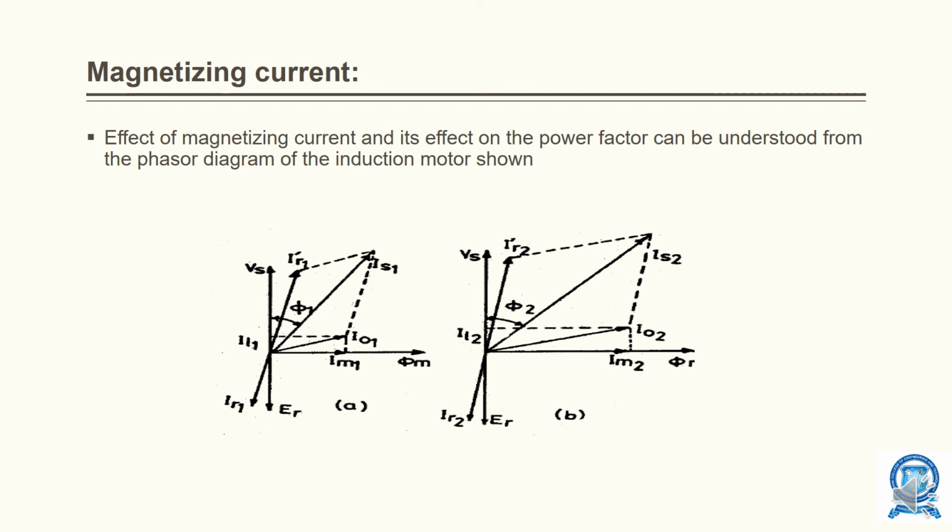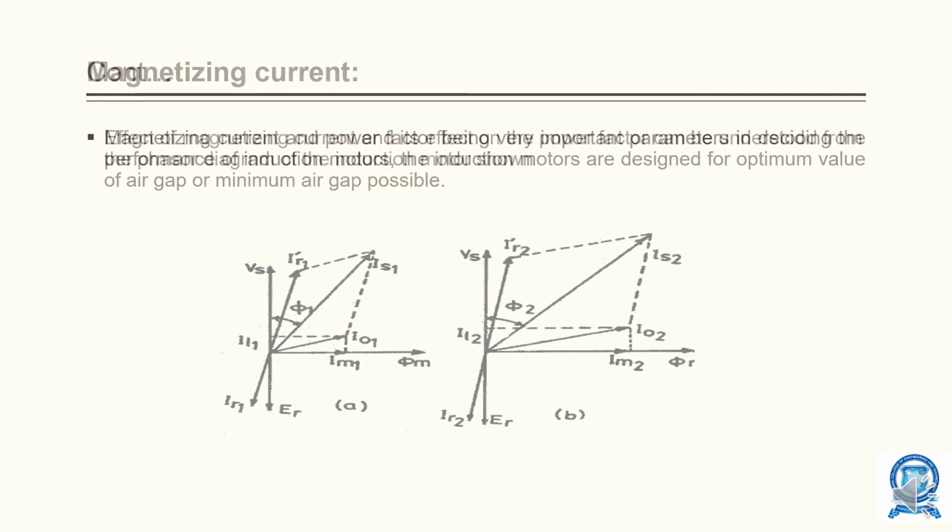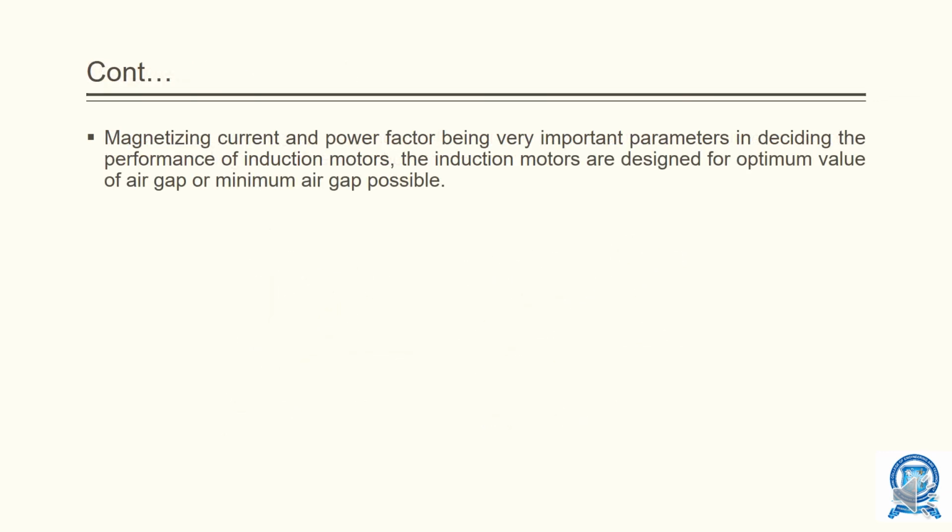As phi 1 and phi 2 increase, the magnetizing current increases. You can see the magnetizing current and power factor are very important parameters in deciding the performance of the induction motor. Induction motors are designed for the optimum air gap, or the minimum air gap possible.